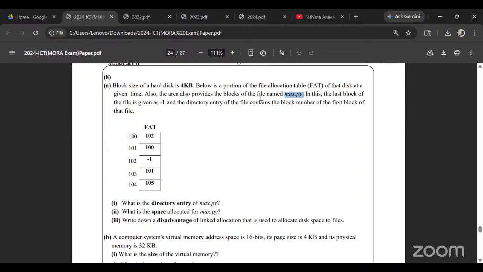And the timestamps, meaning when the file was created or last modified. So that is directory entry, a data structure that stores metadata about a file.